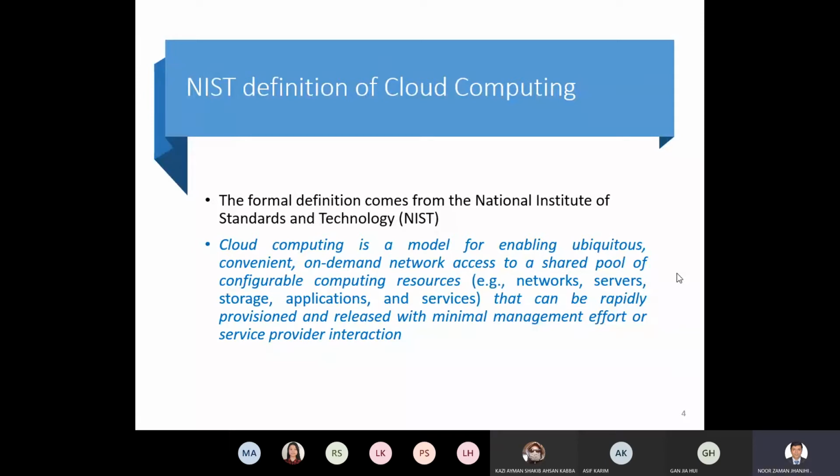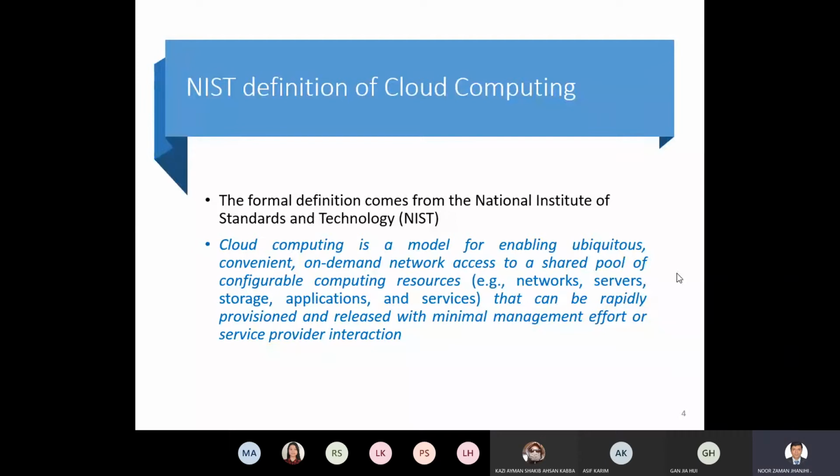Now if you look at this definition, it mentions that cloud computing is a model for enabling various types of convenient on-demand network access to a shared pool of configurable computing resources, such as networks, servers, storage, applications, and services as well.